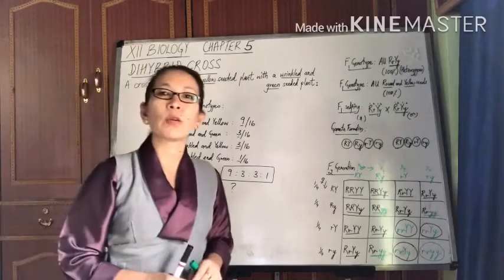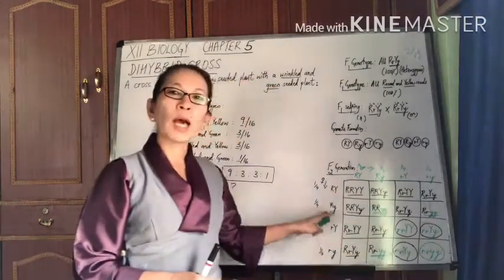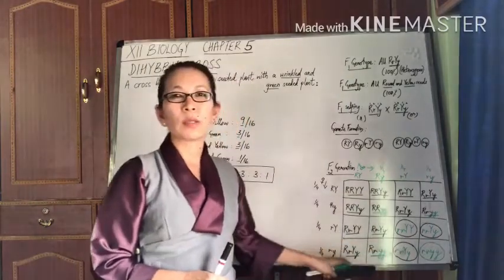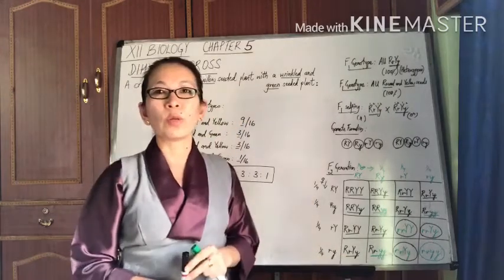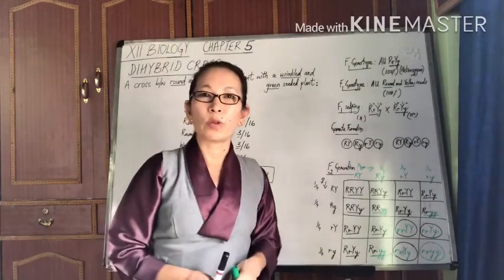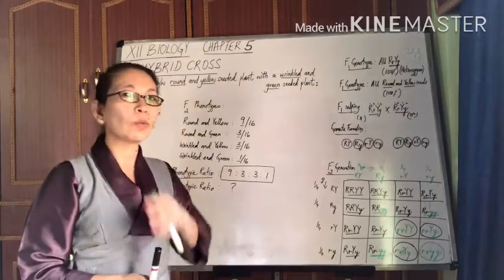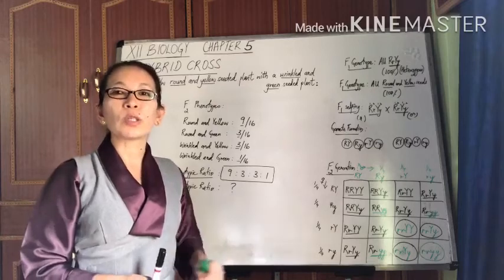Now what I can say is there are a total of 9 possible genotypes in the F2 generation if you study the Punnett square. So I've given the number of genotypes, but I'm not going to work out the types of genotypes and the genotypic ratio.